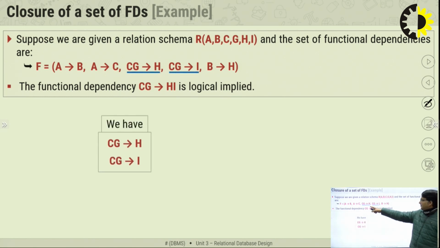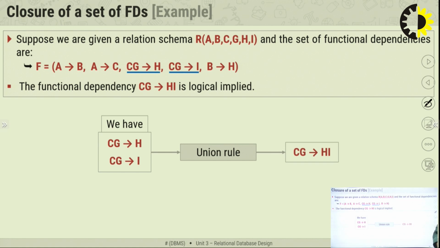Another, see here, CG determines H and CG determines I. Now CG determines HI. Why? We are using the union rule.